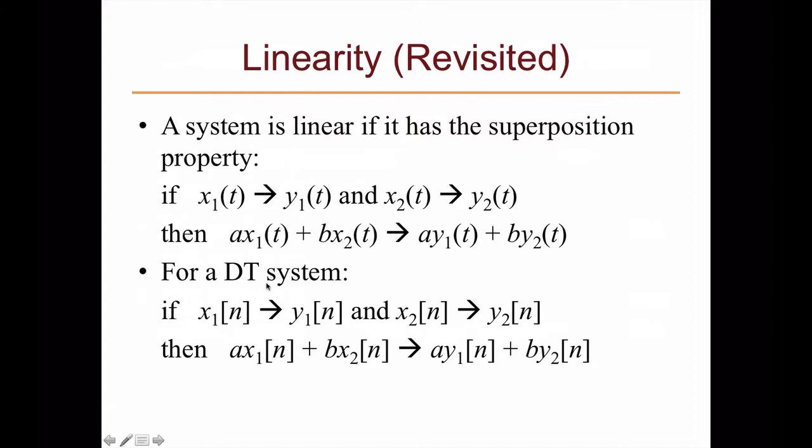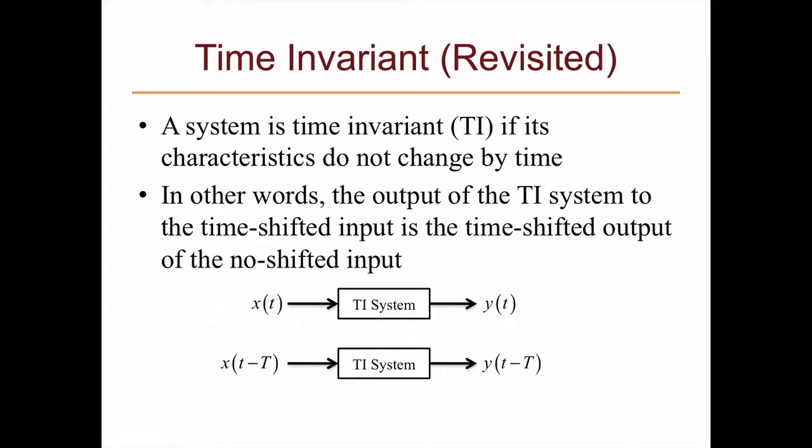This goes for both CT and DT systems. For a time-invariant system, if you give the system x(t) and get the output y(t), and then give the shifted version of the input, you can expect the shifted version of the output.